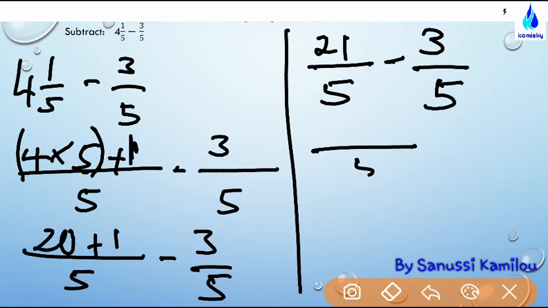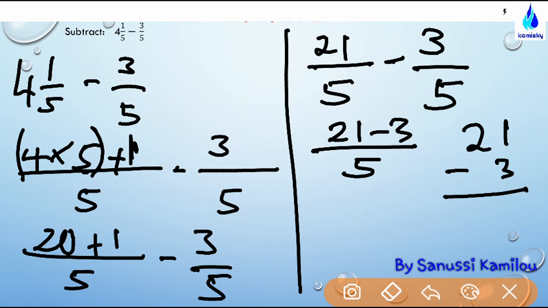You just keep the denominator and subtract what is at the top. Find the difference of the numerators. From there, what do you think we will get? You will do 21 minus 3. So 21 minus 3. Are you there?